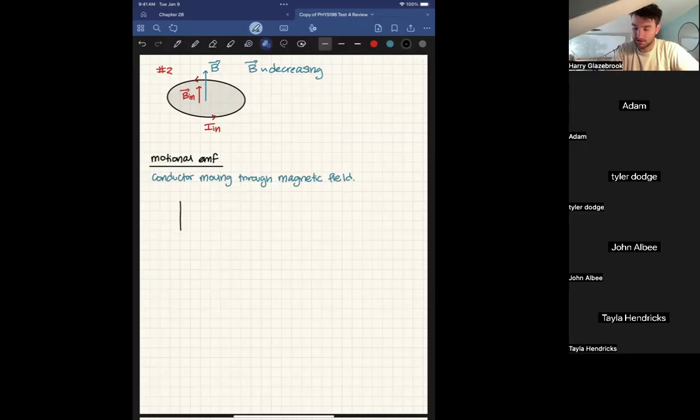So let's say this is our conductor here. It's moving with some speed v, in an external magnetic field that's pointing into the page. And let's say the length of our conductor here is L.